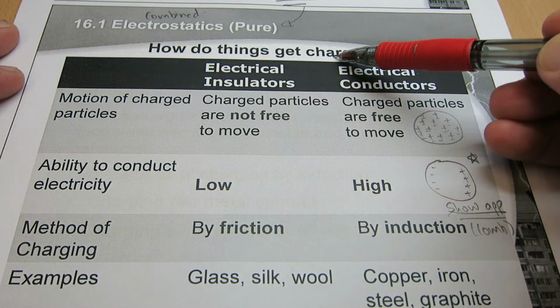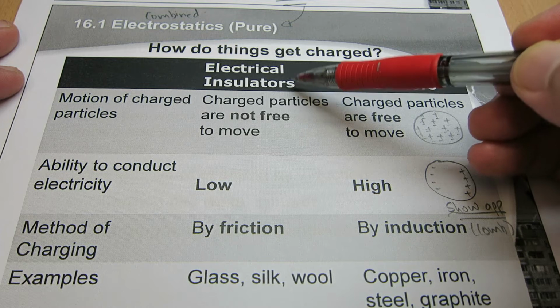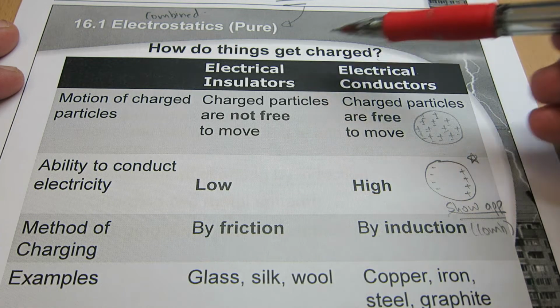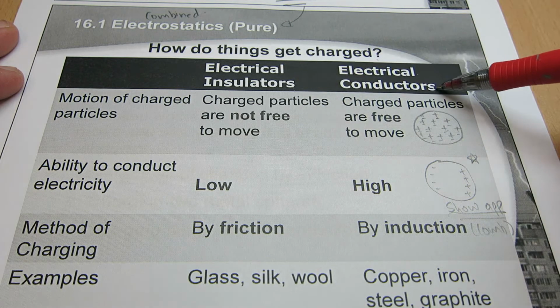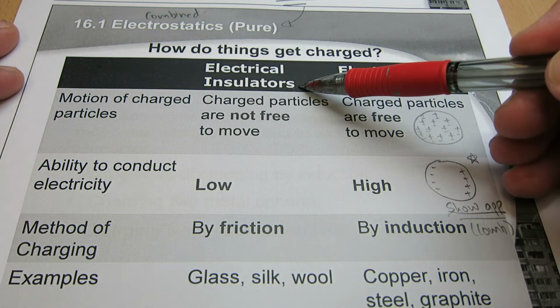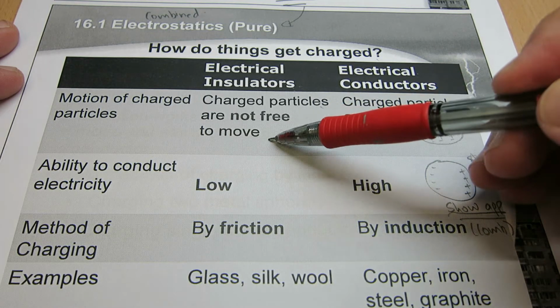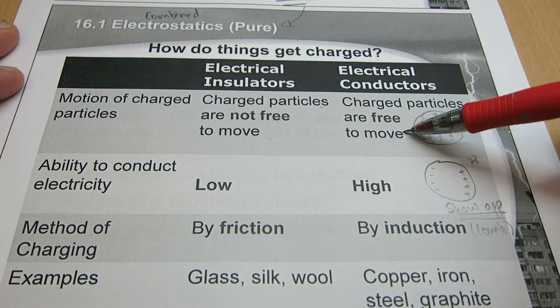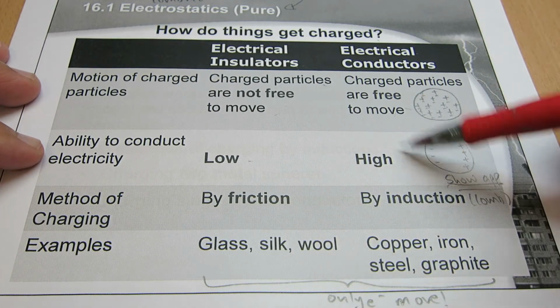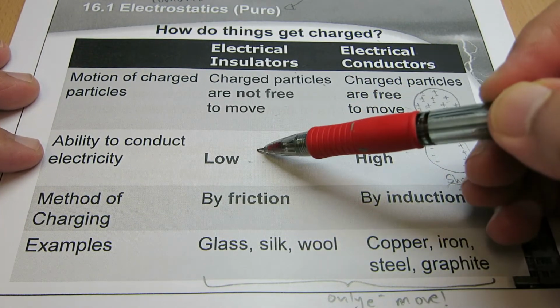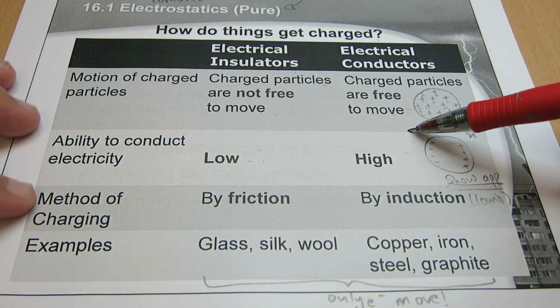There are 2 ways in which things get charged, and that depends on what kind of classification of material it is, whether it's an insulator or whether it's a conductor. In an insulator, the particles are not free to move around, while in a conductor, the particles are free to move around. So insulators cannot conduct electricity while conductors can.